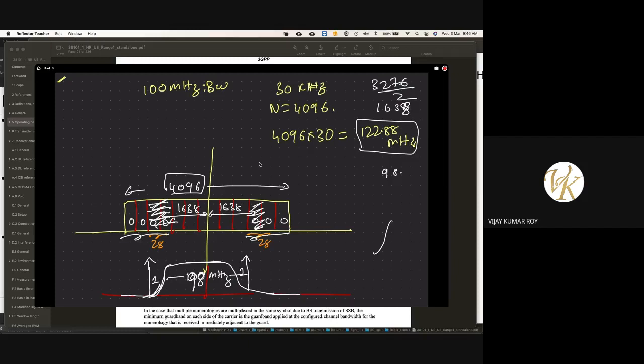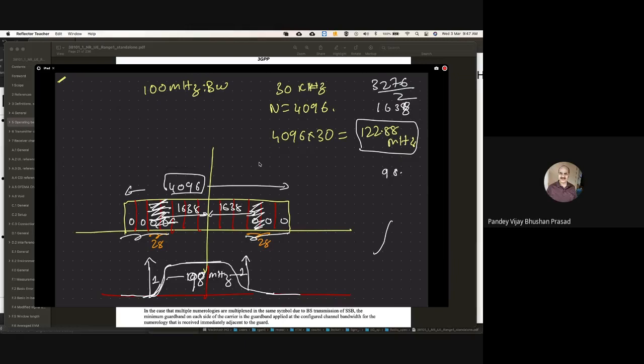See, one other thing that I have to tell you is, if you do 3096 for 99.88 megahertz, then your FFT size has to be different. It has to be 3276, which is not a good FFT size. So it's better to do 4096 FFT and remove all the zeros in front and back.